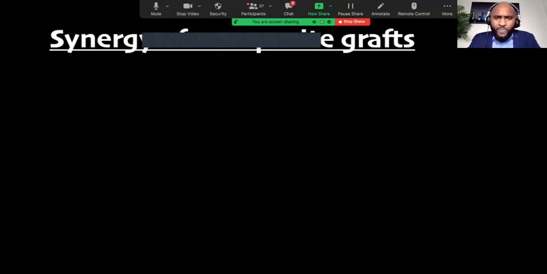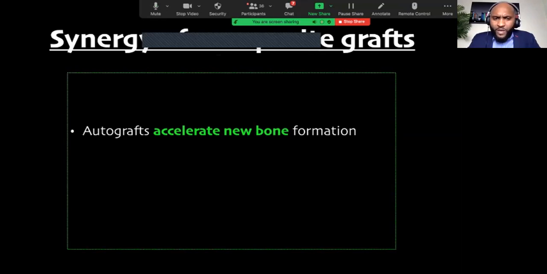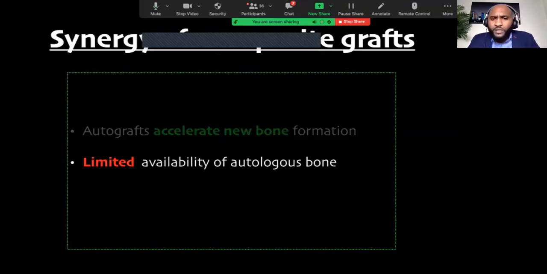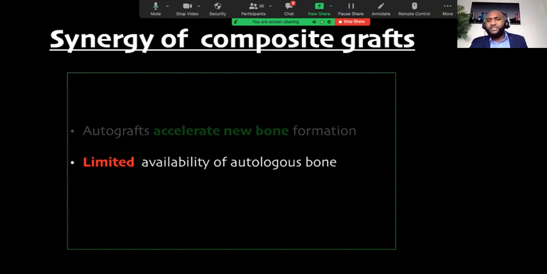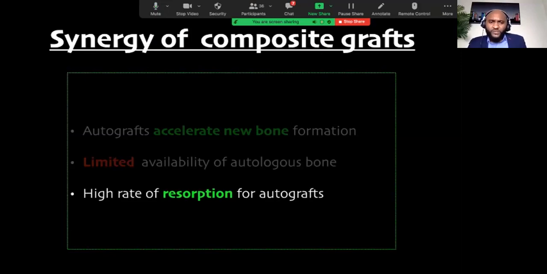Now, we have seen that autografts, for instance, accelerate new bone formation. That's a good advantage. However, there's limited availability. So you might not find as much bone as you want in grafting, whatever situation you have. We have also seen that they resolve pretty fast. So what do we do?